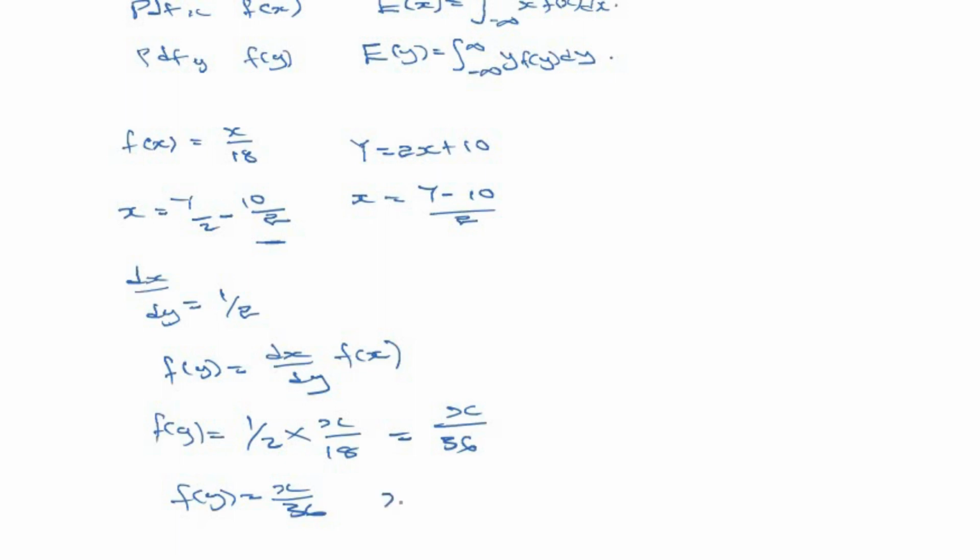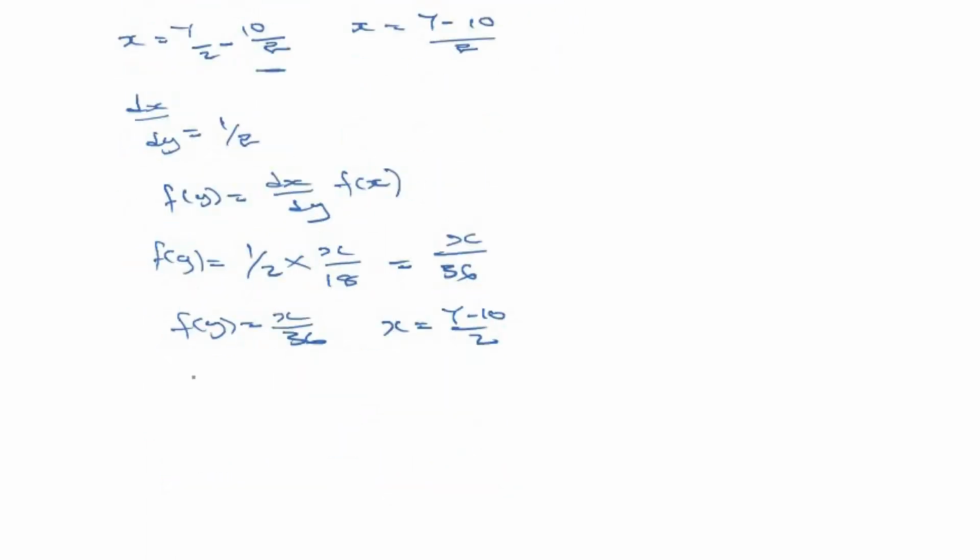We know that x is equal to y minus 10 over 2, so we substitute x in this expression. f of y is equal to y minus 10 over 2 multiplied by 1 over 36, which is y minus 10 all over 2 times 36, that is 72.